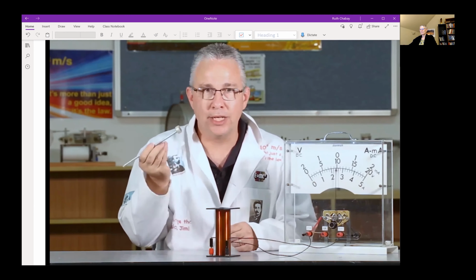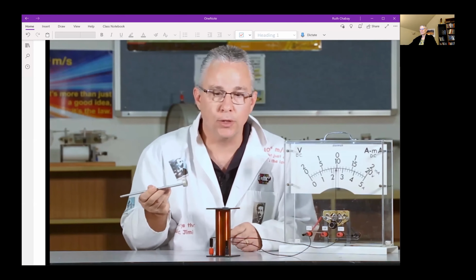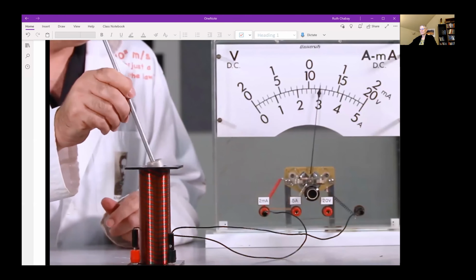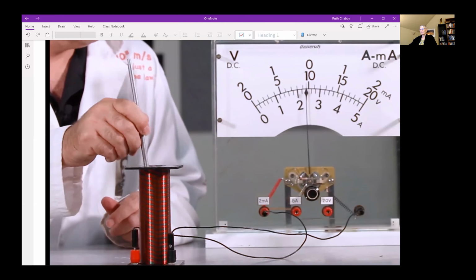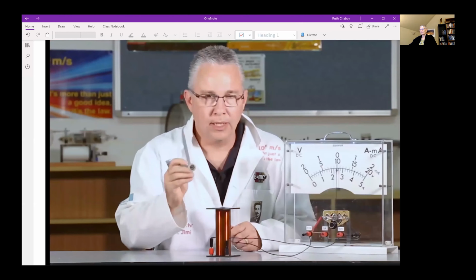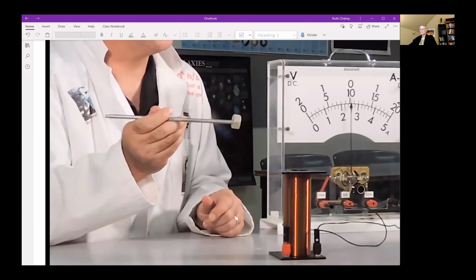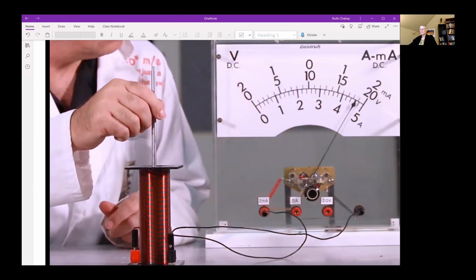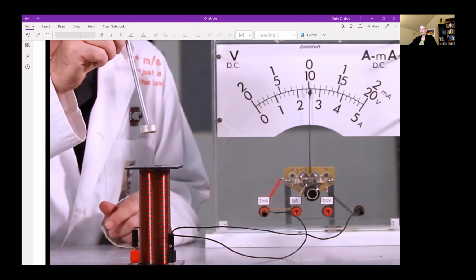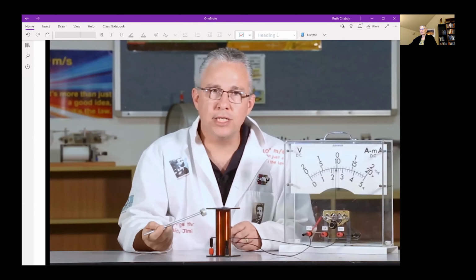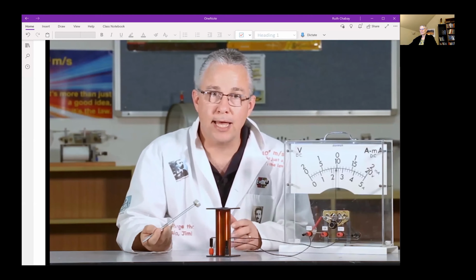What's going to happen when I insert this magnet into this coil? You see the needle deflect. What if I do this faster? You should see that the needle deflects a greater amount.